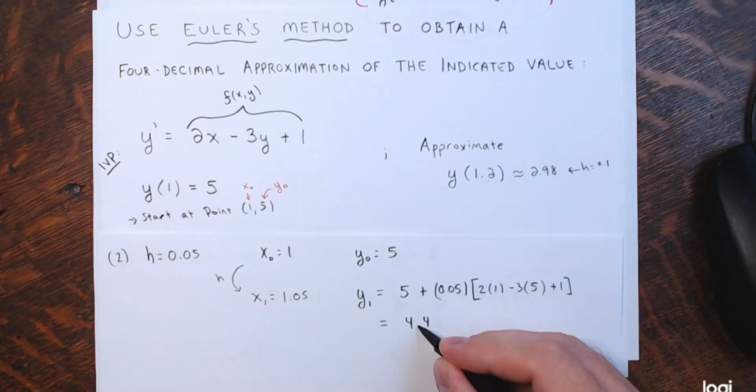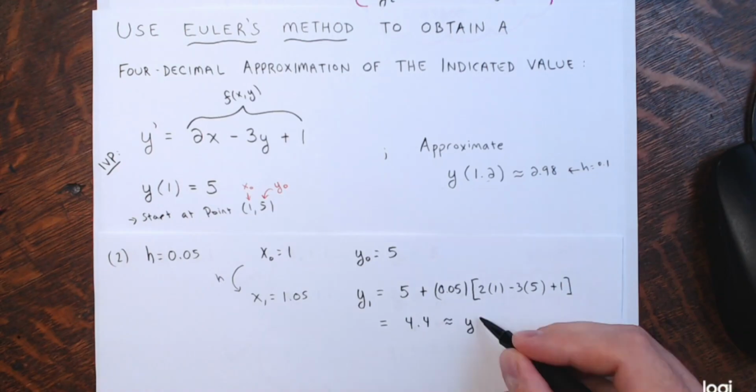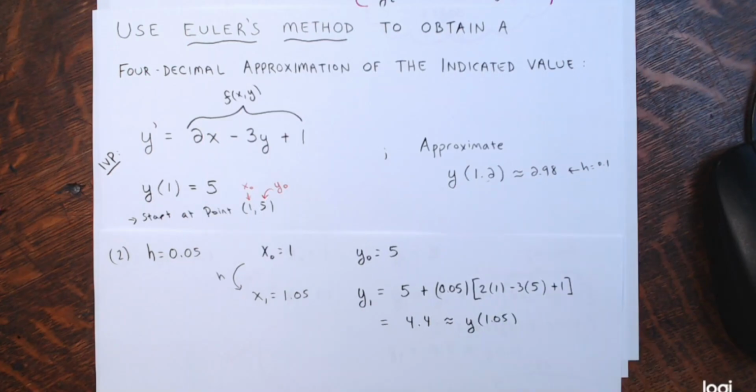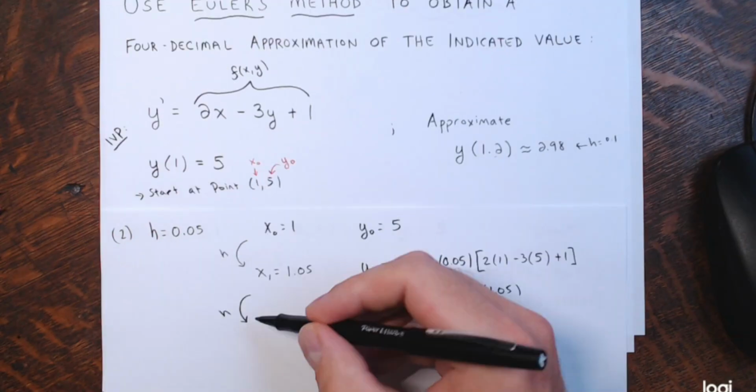And that's our approximation of y at 1.05. All right. And you see how I'd have to take, instead of just 2 steps, we're trying to get to 1.2 here. I'll be taking 4 steps, right? Because if I go h again, I get x2 equals 1.05 plus 0.05 again would be 1.1, or 1.10 if you want to call it that.